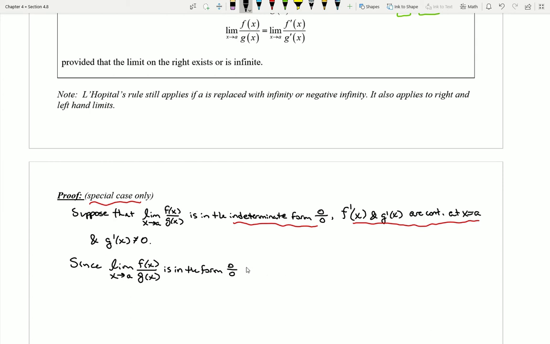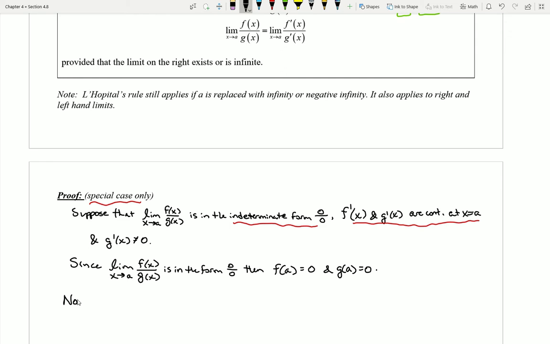But then what that means is that when I plugged the value of a into my function f, I got back 0. And when I plugged the value of a into my function g, I got 0. So when I did direct substitution, I got 0 over 0. Okay. Well, I can go ahead now and note a couple other things.